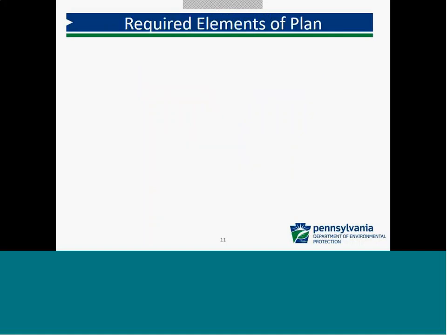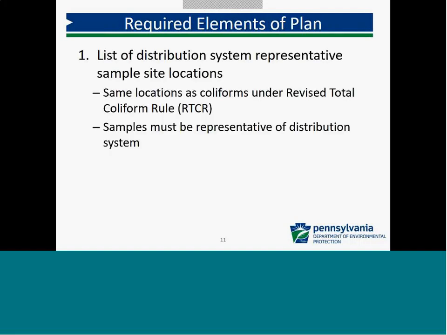Before we get into our addendum template, let's talk about the required elements of the plan, and then you'll see how those fall into the template itself. So the first required element is a list of distribution system representative sample site locations. First of all, like we said, it's the same locations as coliforms under the RTCR because you're sampling at those same times and locations.